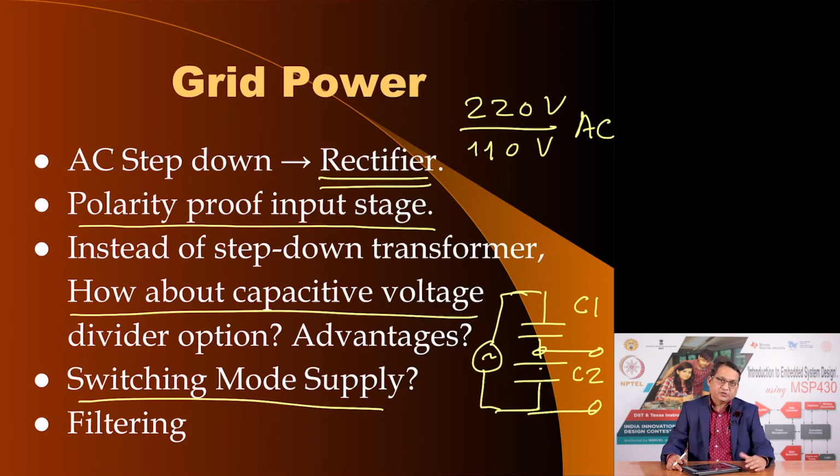Such switching power supplies are also called universal power supplies, which means that the same power supply will operate in a 220 volt domain as well as a 110 volt domain, because when you are creating a product, you do not want alternative options, where if it is to be sold in countries with a 220 volt supply, then this is the power supply to be used, and if it is to be sold in countries with a 110 volt supply, then you have a separate power supply.